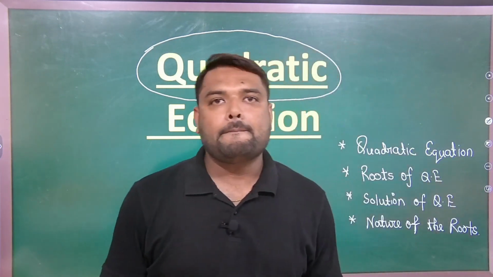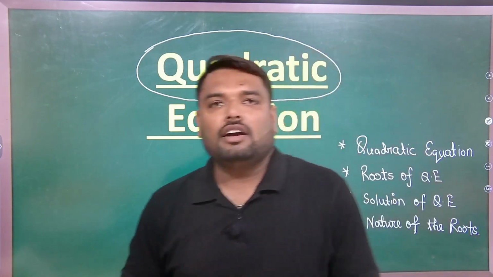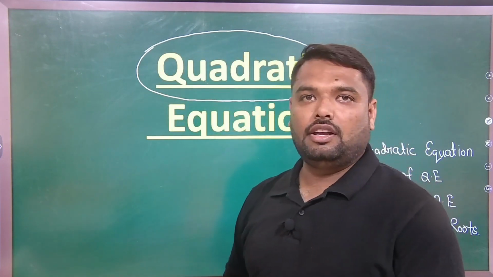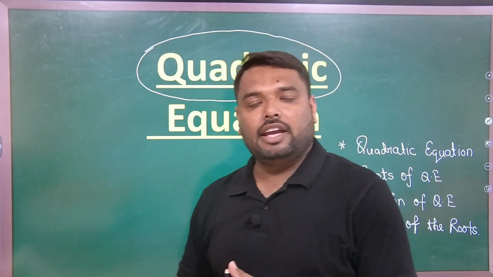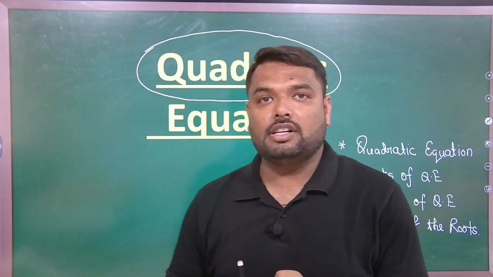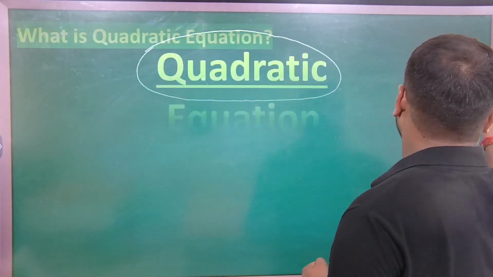Before telling why it is called quadratic, you should be aware of what a polynomial is. In your 9th class, you may have studied what a polynomial is. So let me revise your concepts. What is a polynomial?